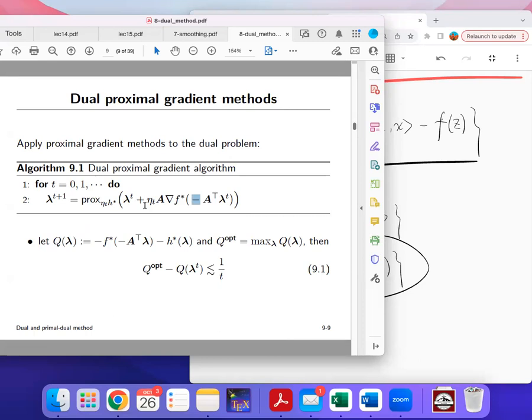And then outside we do the proximal mapping associated with the function H star. So this is exactly the proximal gradient method applied to the dual problem, nothing else. And by the convergence guarantee of the proximal gradient method, we know that this method converges at the rate 1/t.